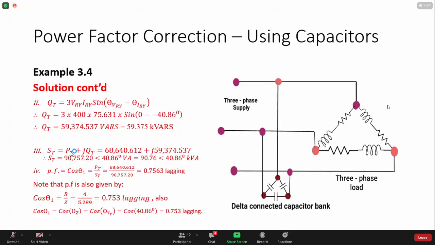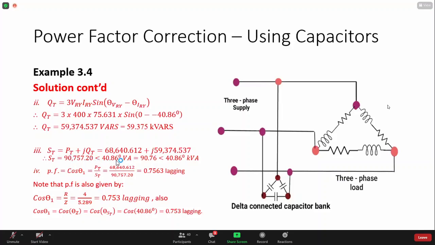All right, then we're asked to find the apparent power of this system. So ST would be, one way of doing it, PT plus jQT. I could have found 3 V phase, I phase, and that would give me the answer too. So S is equal to P, which is 68.64, and J 59.375.